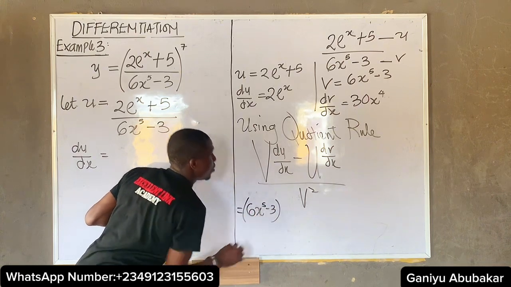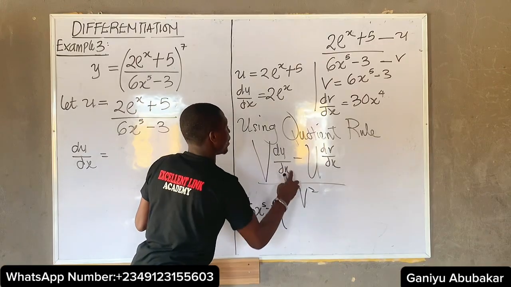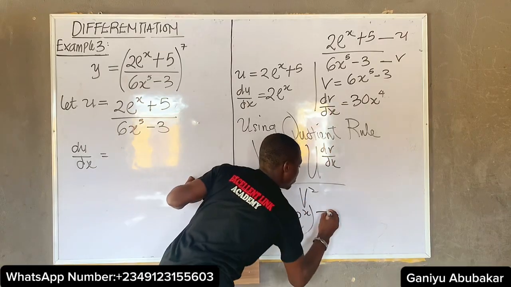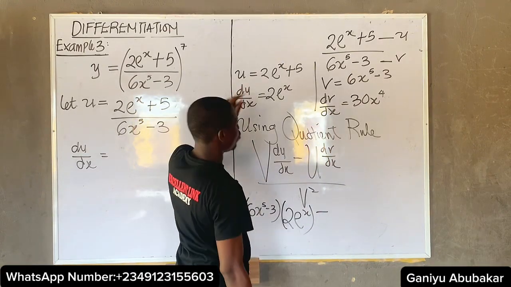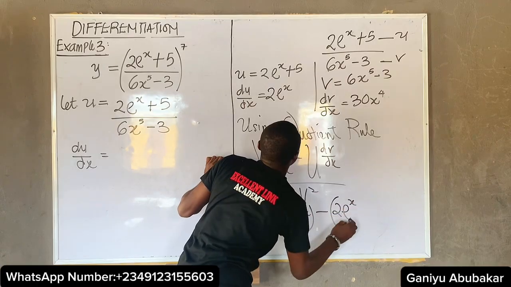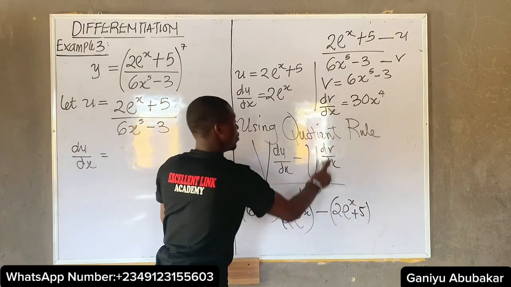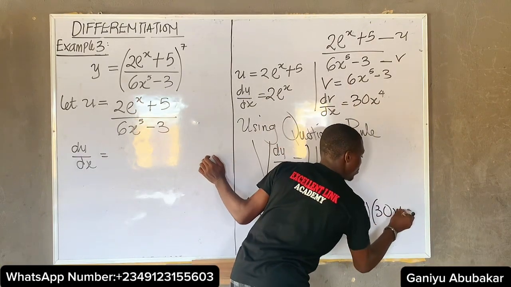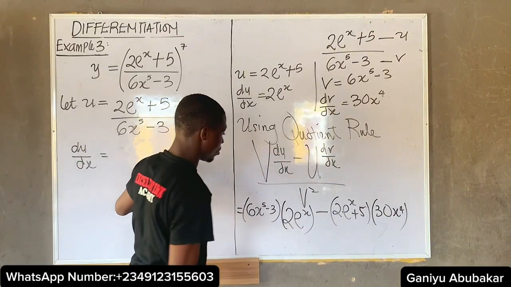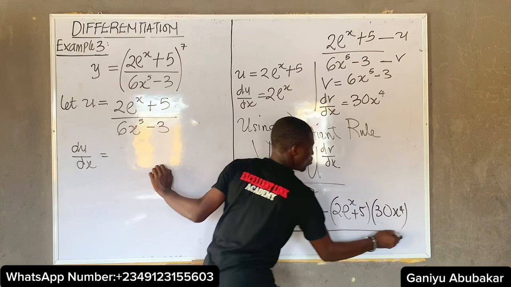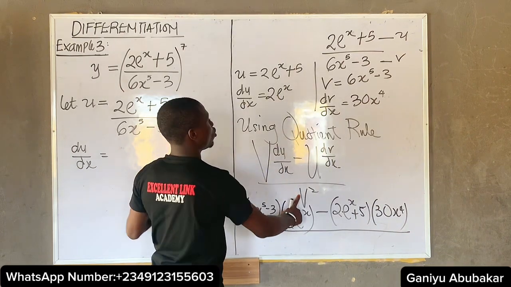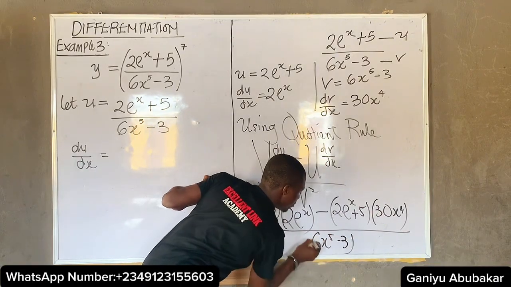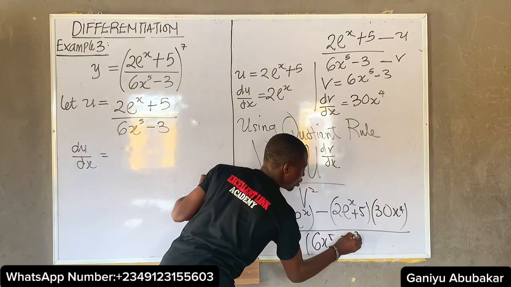That's my v, multiplied by du dx. Du dx is 2 exponential x, minus, what's u? Of course, u is 2 exponential x plus 5. The dv dx is of course 30x to the power 4, right? So all over v squared. So my v is of course 6x to the power 5 minus 3. That's v, but a square was there, so a square.